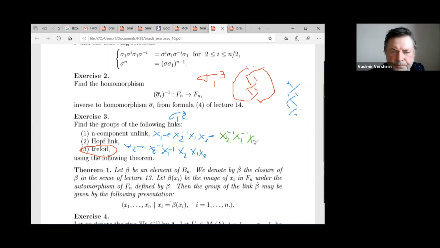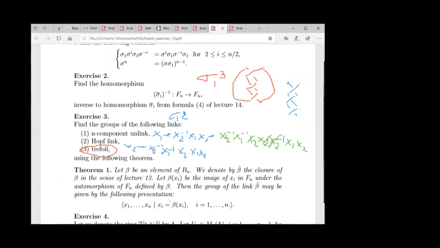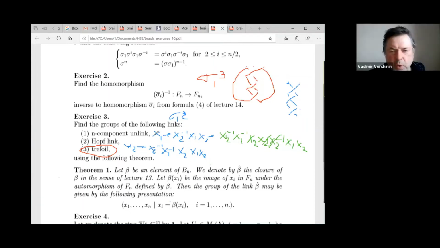Sigma 2. And sigma 1 again goes to sigma 2. Sigma 2 goes to sigma 2 minus 1, sigma 1, sigma 2. So these two guys disappear, right? What do we have? x1 equal to these guys.